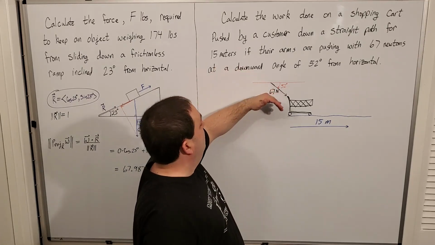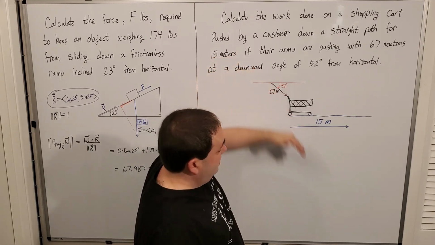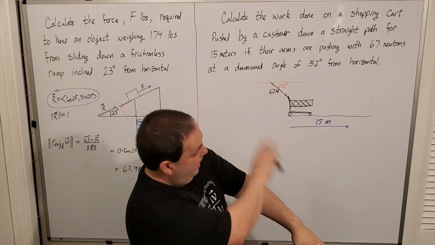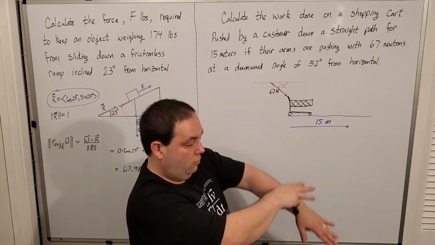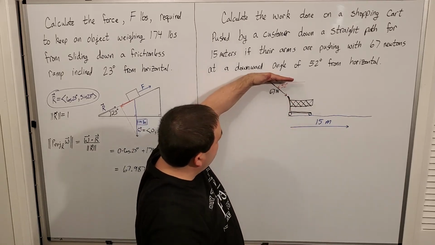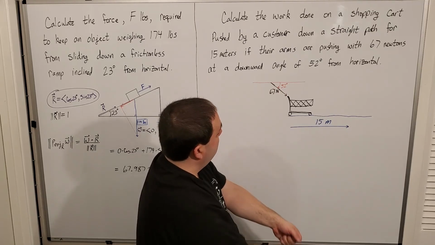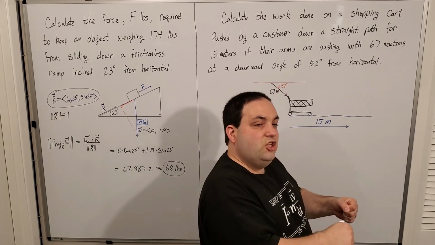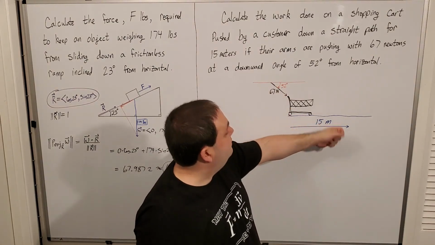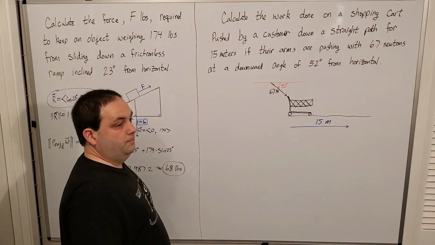A person is pushing it, such that their arms are coming from their shoulder at a 52-degree angle from their eye line horizontal. So you have the eye line that's here. The arms are at a 52-degree angle down from that. And they're pushing with 67 newtons, right? And the shopping cart moves 15 meters. So we want to calculate the work done, okay?